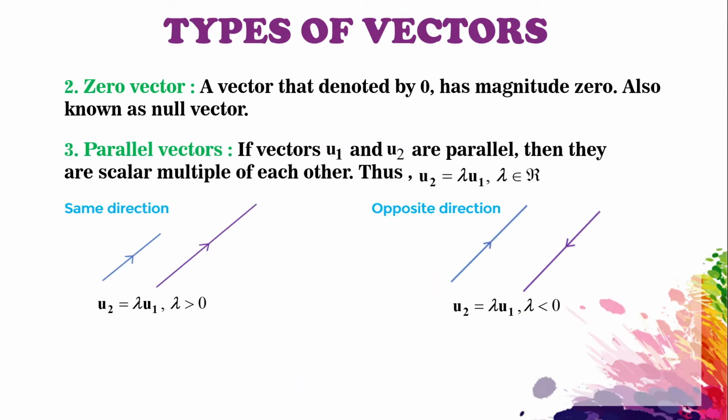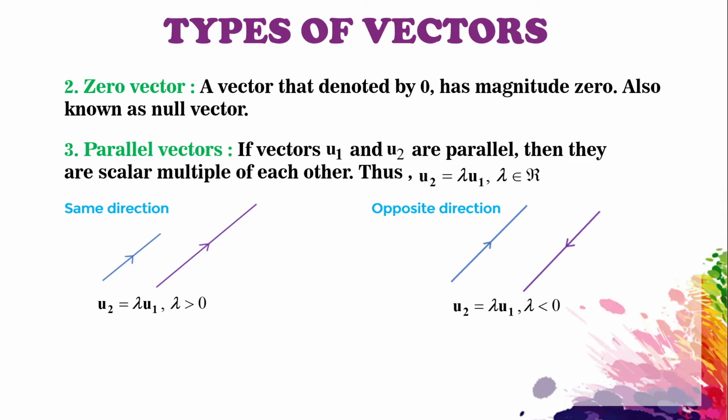Number 2, zero vector. A vector that is denoted by 0 has a magnitude of 0 and is also known as a null vector. Number 3, parallel vectors. If vectors u1 and u2 are parallel, then they are scalar multiples of each other.